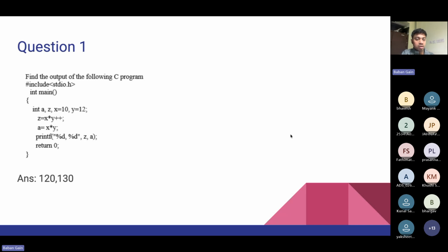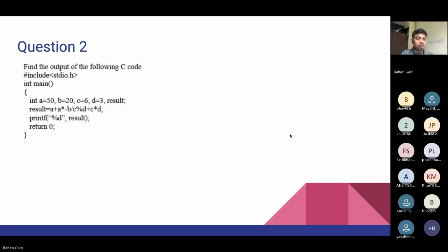Let me go to the next question now. We have some integers, and after that we have some arithmetic operations. There are some addition, some multiplication, some modular operation.